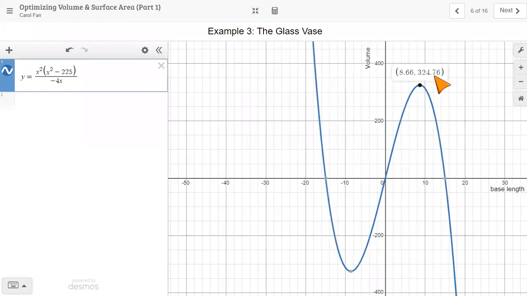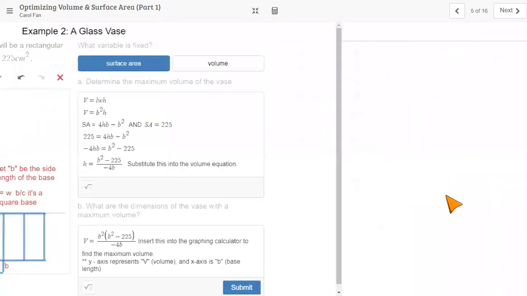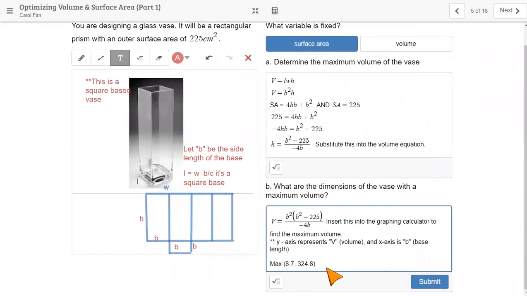And I find that my maximum value is 8.7 and 324.8. Let's take this back over and interpret our answer now.